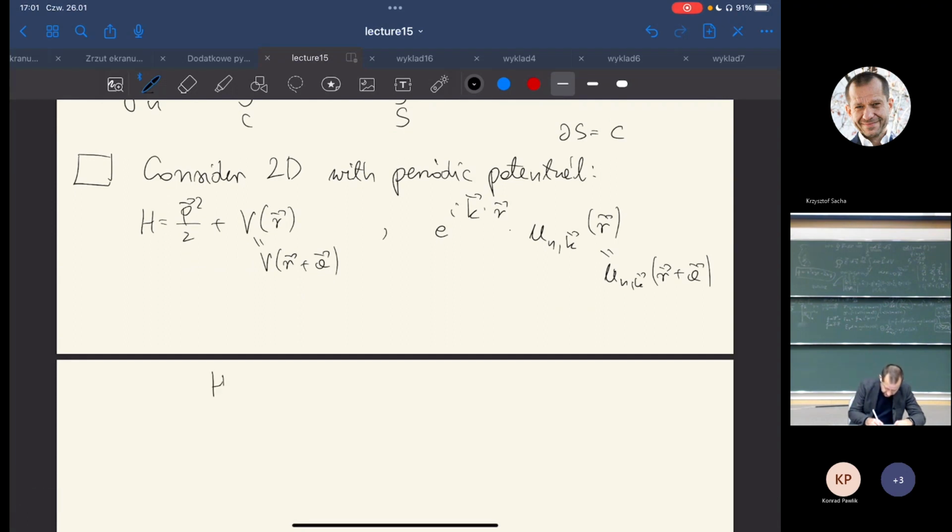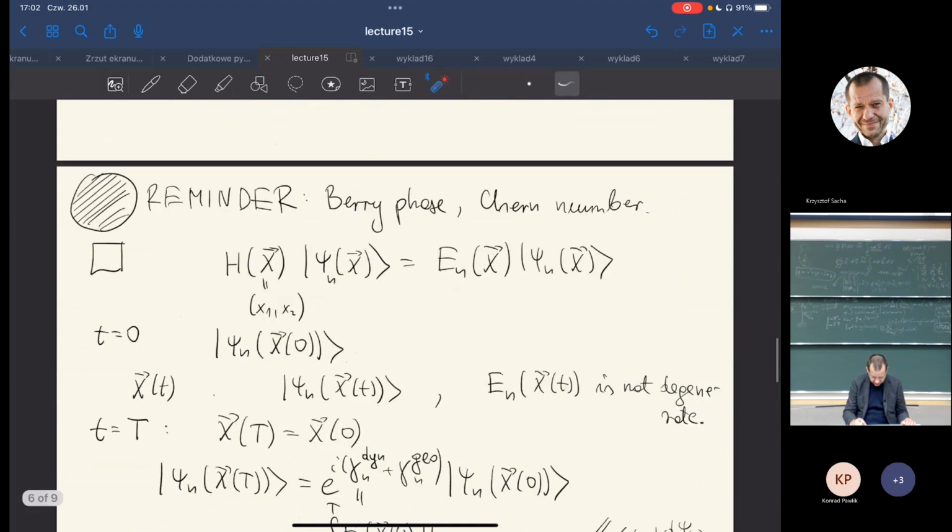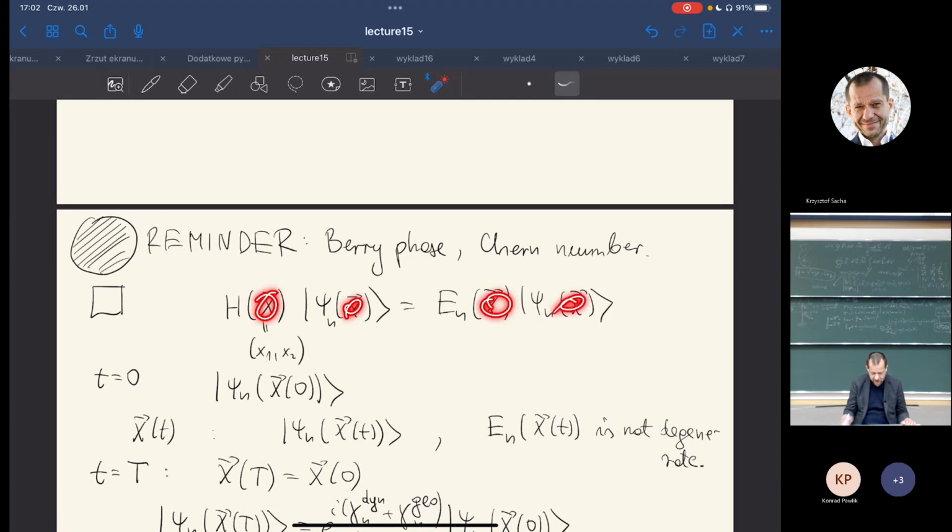And then the eigenvalue problem with this Hamiltonian reduces to the eigenvalue problem for the U function, where this is P plus K. Now, when we look at this eigenvalue problem, we can say that our quasi-momentum, which is a well-defined quantity, looks the same as the quantity x, which is a parameter of this eigenvalue equation.